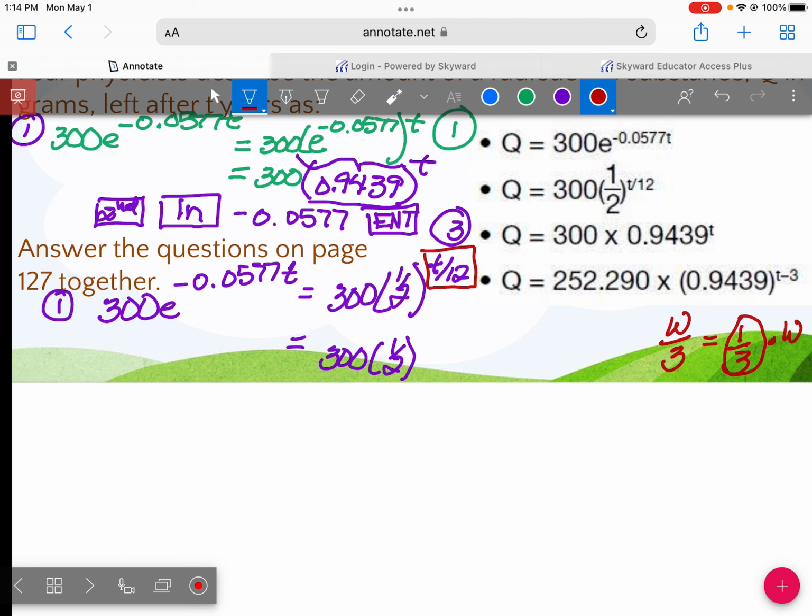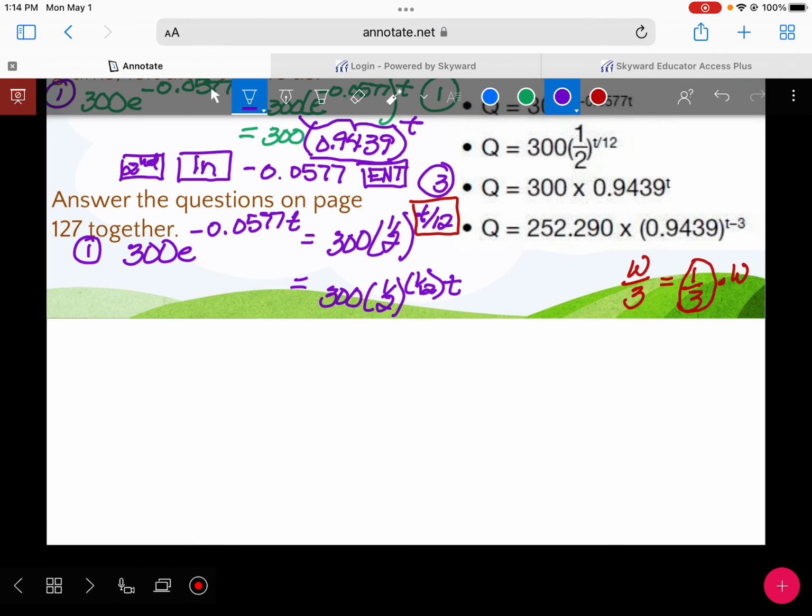Yeah, 1 over 3, right? So let's call t divided by 12, 1/12 times t. Let's separate those, okay?